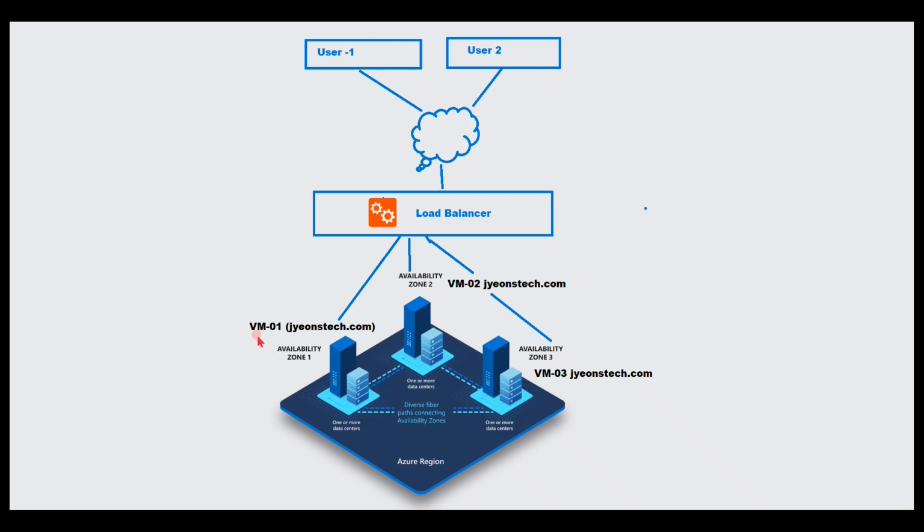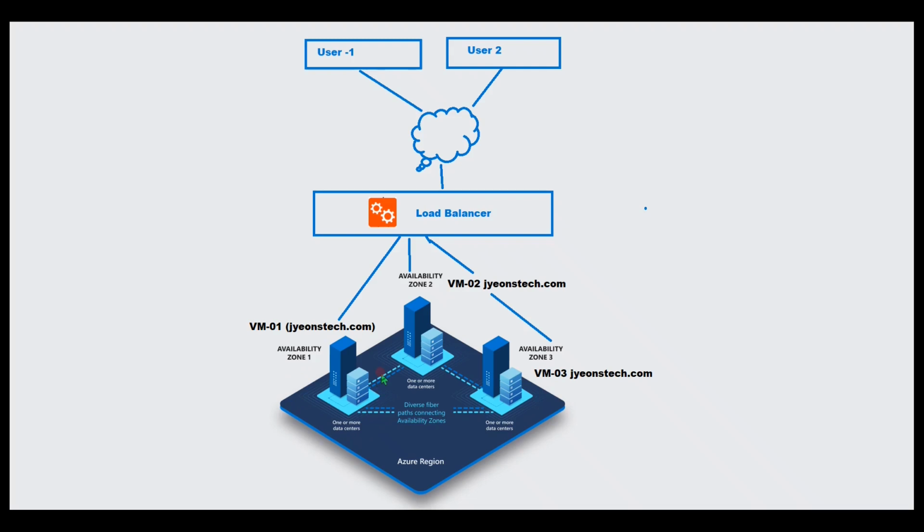For example, if we created virtual machine 1, virtual machine 2 and virtual machine 3 in one availability zone, and that availability zone 1 goes down, then our whole website will be down, because all the virtual machines and my website exist in that one availability zone. I would have to take downtime and my business would stop working.